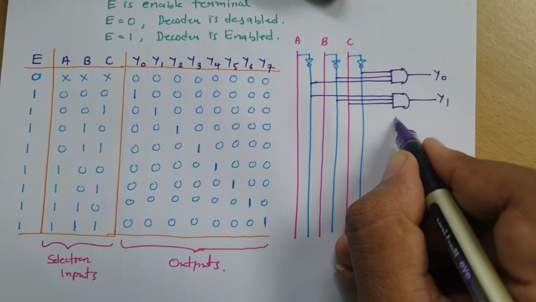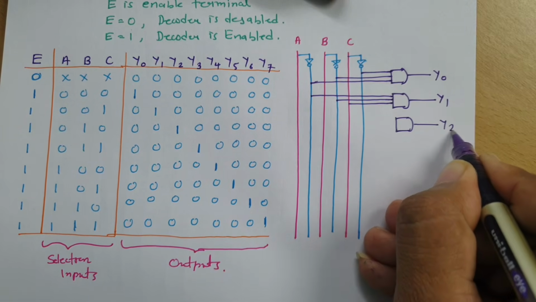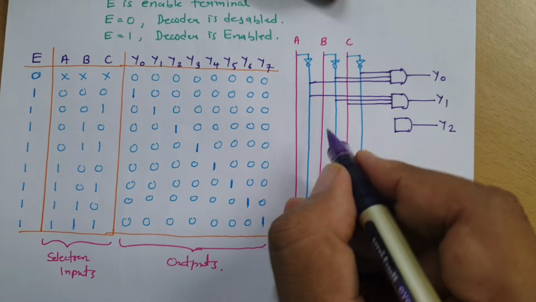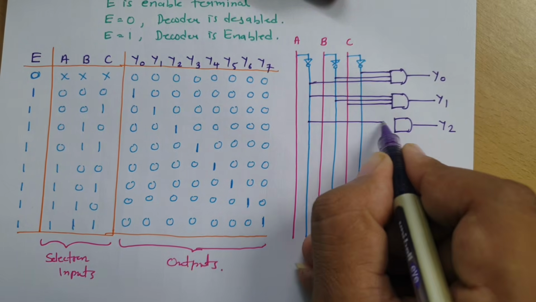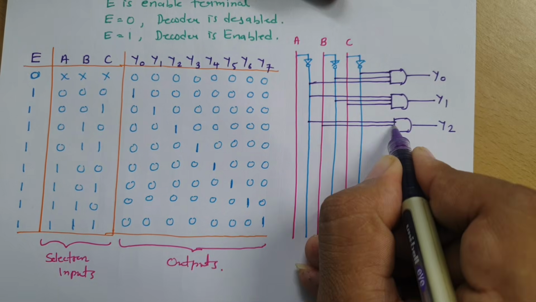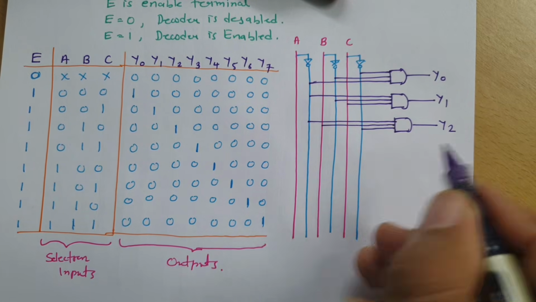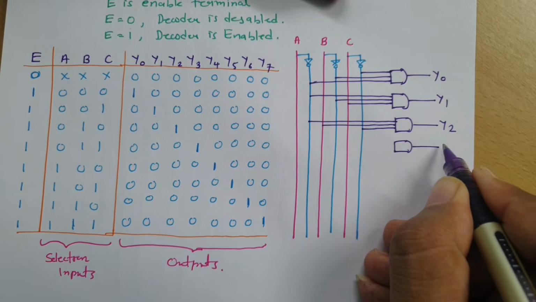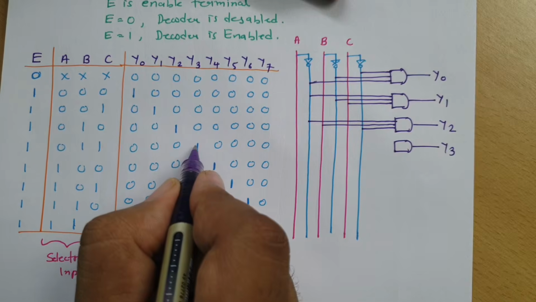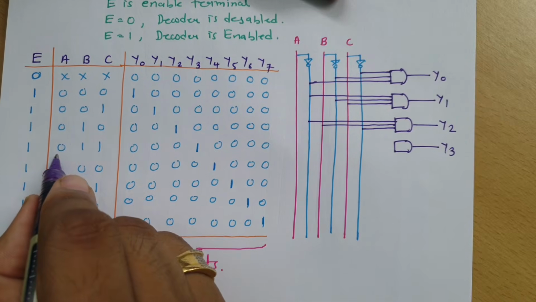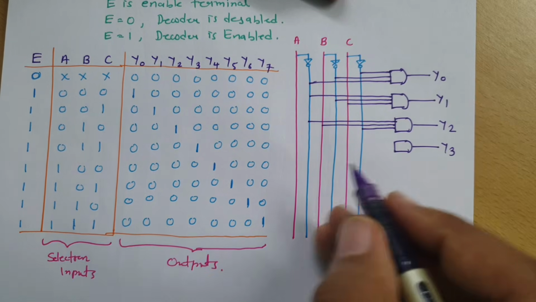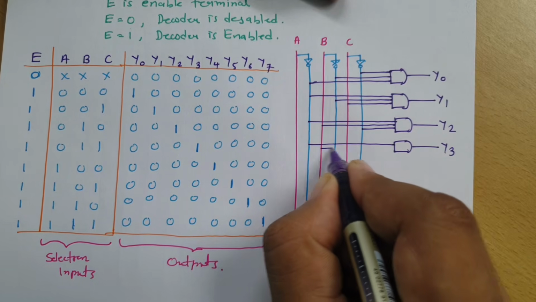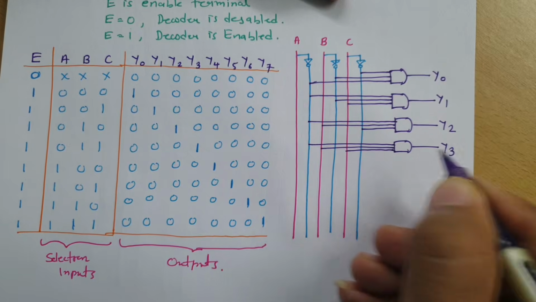To have decoding of Y2, ABC is 0 1 0 means A bar, B, C bar. So A bar, B and C bar that we need to connect. To have decoding of Y3, ABC is 0 1 1 means A bar, B and C that we need to connect.